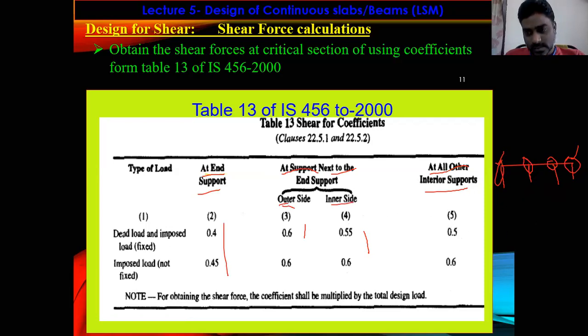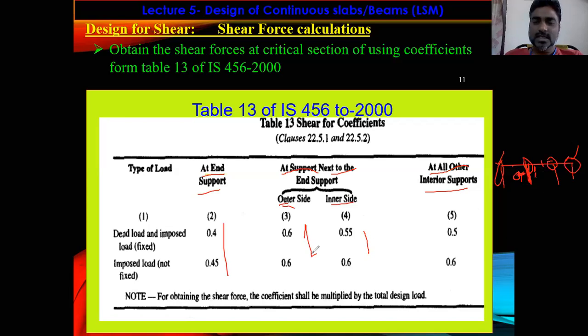So this is the support. For this support, this is the end one, right? So this side, the bending moment, is called your outer side. On this side, because at this support there are two shear forces, one from this span and one from this span, this will become outer and this will become inner.